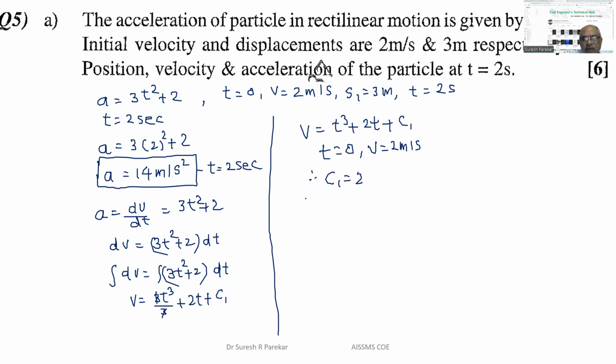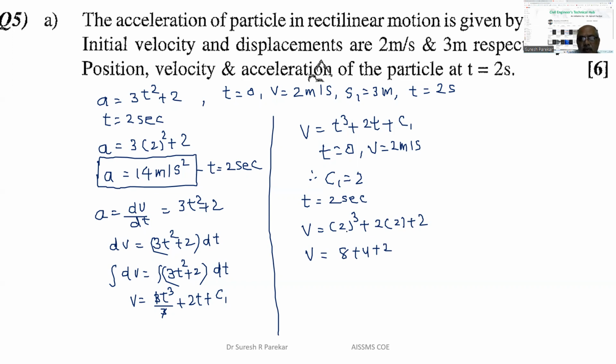And now we have to find at t is equal to 2 seconds, we have v is equal to 2 cube plus 2 into 2 plus 2. And then we have v equal to 8 plus 4 plus 2.